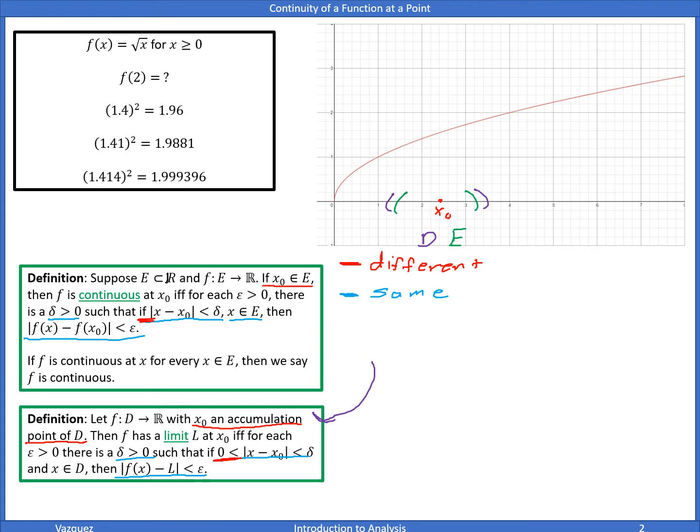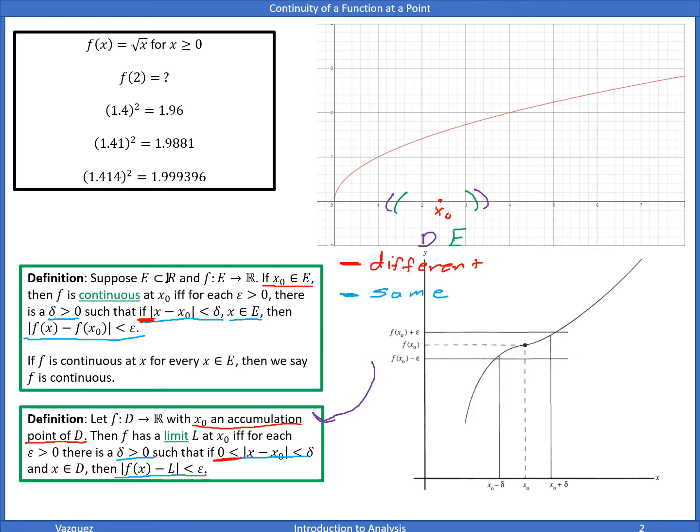And actually, let me bring in a picture to help us with this understanding. So I think this picture is better. So as you see here, the smaller and smaller we make our delta neighborhood around X naught, the closer and closer this epsilon neighborhood gets to f of X naught.